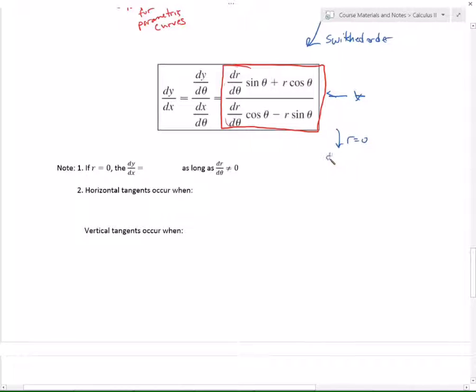So you're left with dr/d theta sine of theta over dr/d theta cosine of theta, right? But these cancel. So what are you left with?